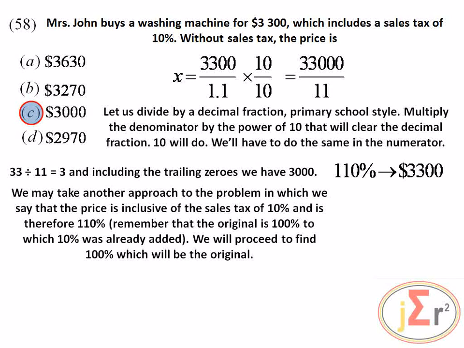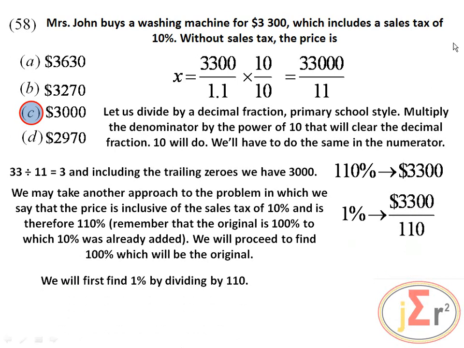But first we will go by way of 1%. So we will first find 1% by dividing by 110. So 1% will be 3,300 divided by 110. So that is what the 1% will be.